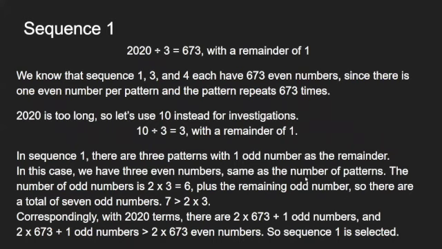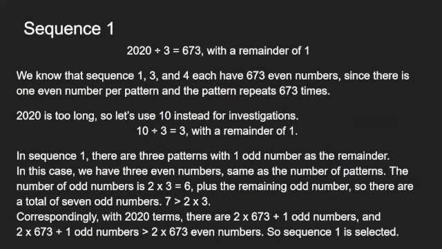Since 7 is greater than twice the amount of even numbers, it fits the sequence requirement. Correspondingly, same thing with 2020 terms.